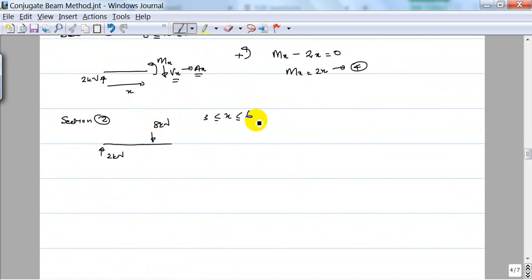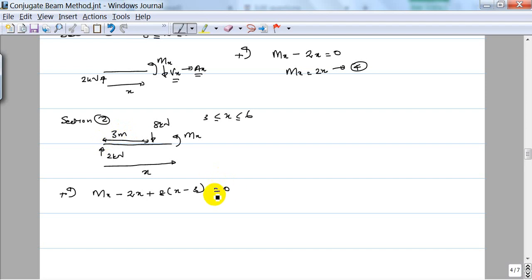less than 6. So now the Mx, and the x is always obtained from the left hand support. So plus Mx minus 2x plus 8 into x minus 3, because this is 3, is equal to 0.